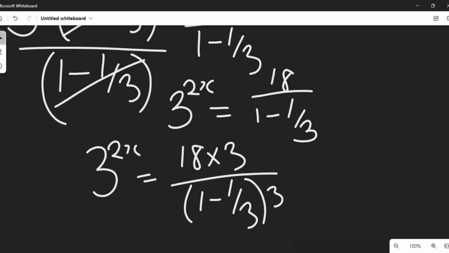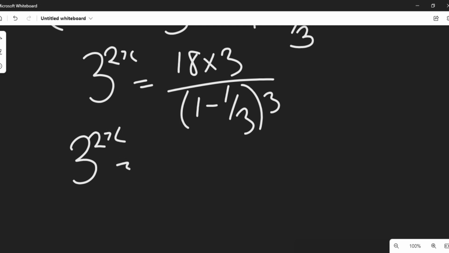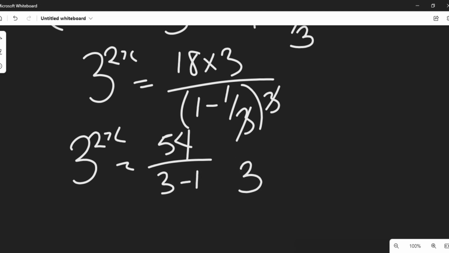So this will give us 3 raised to power 2x equal to 18 times 3, which gives us 54, divided by 3 times 1, which gives us 3, and then this 3 will clear off this 3 minus 1. So this will give us 3 raised to power 2x equal to 54 divided by 2.